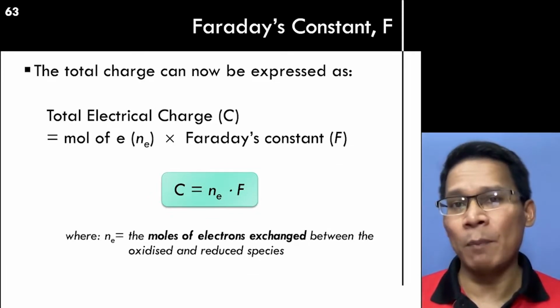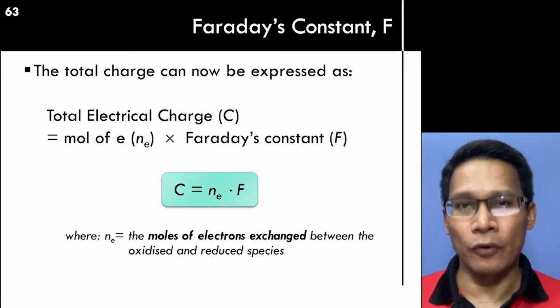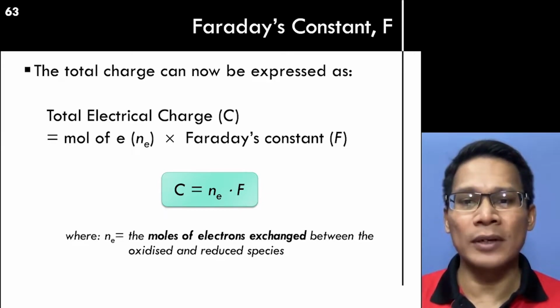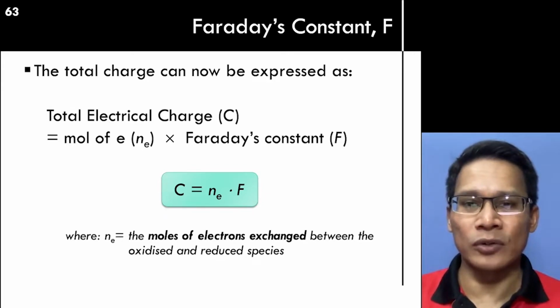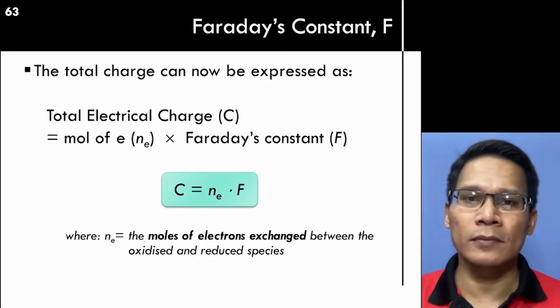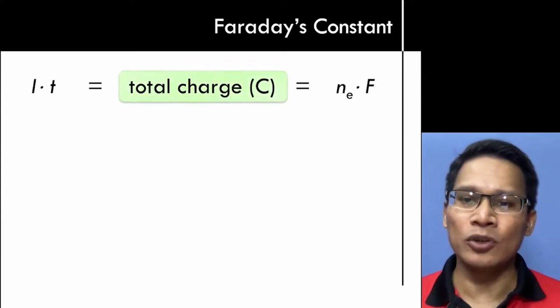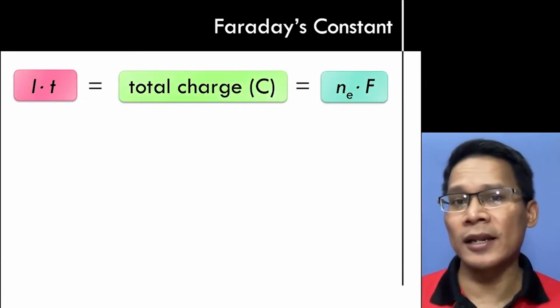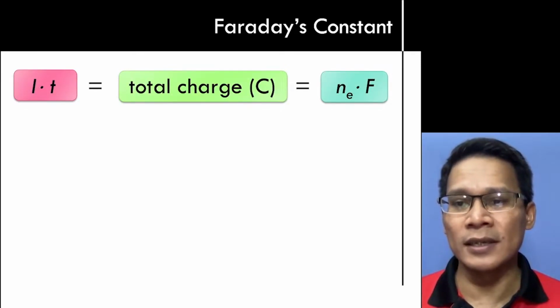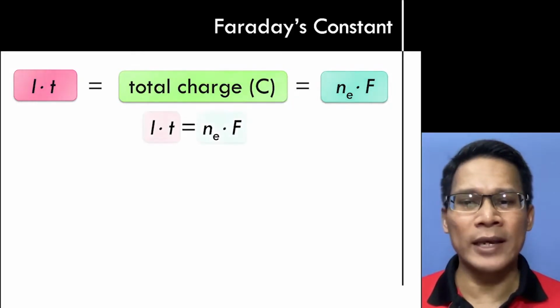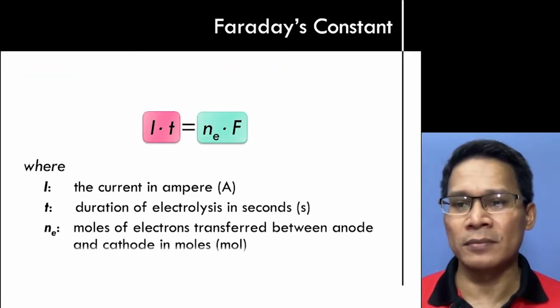Take note that the number of moles of electrons, or Ne, here is the number of moles of electrons exchanged between the anode and cathode during electrolysis. And here are the two formulae that we can use to calculate the total charge, or C, delivered during an electrolysis process. To simplify things, we can just use this equation.